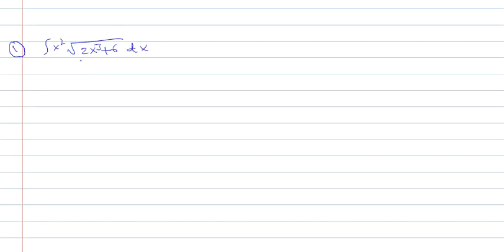So this problem, is this going to be integration by parts or is it going to be a u substitution problem? What I look for is if you have anything like a radical or an exponent, and if you find a term, for example here 2x cubed plus 6, if you can take a derivative of that, and if that turns out to be the rest of the terms in the integrand, then you have a u substitution candidate.